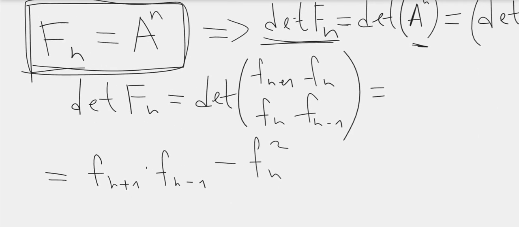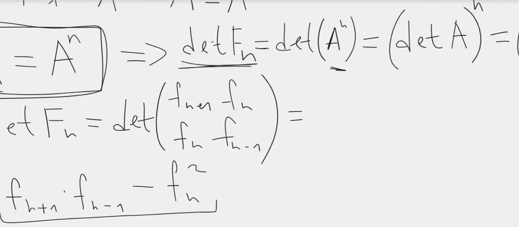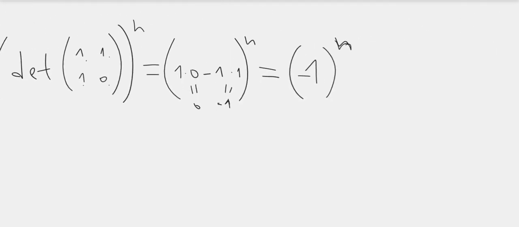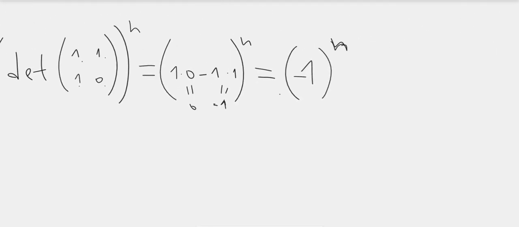Calculated one way, the determinant of the matrix Fn is equal to this expression, and calculated another way, this determinant is equal to minus 1 raised to the power of n.